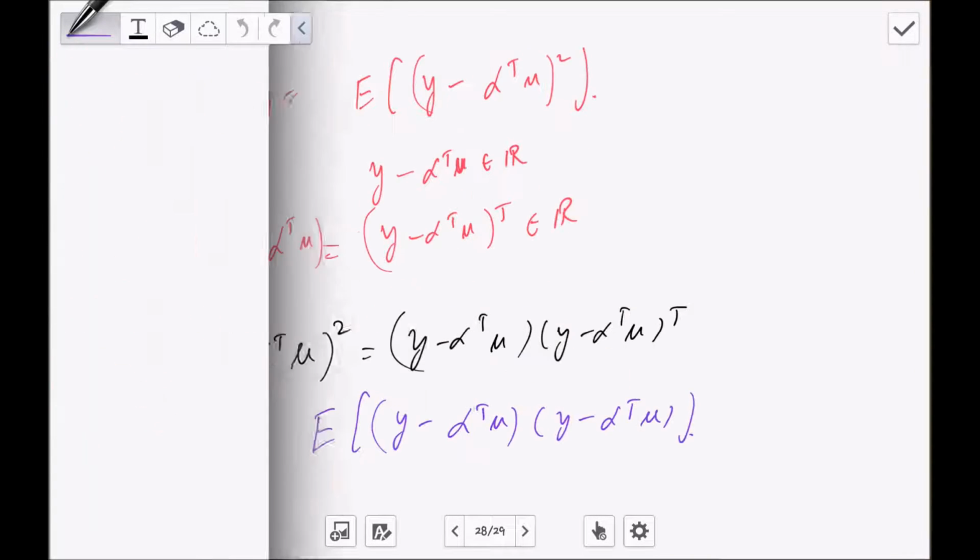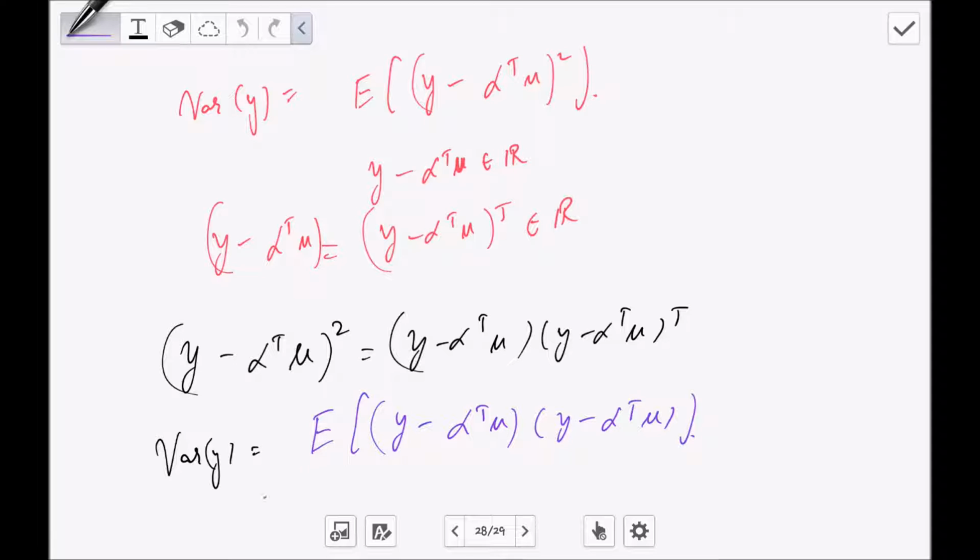Okay, so using that here it will become E of alpha transpose x minus alpha transpose mu into the same thing here, alpha transpose x minus, okay, there was a transpose here, alpha transpose mu, the whole transpose.